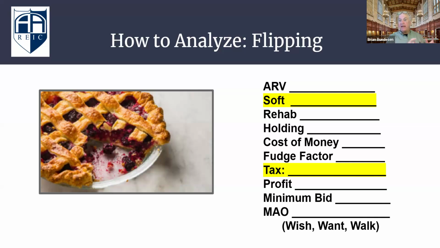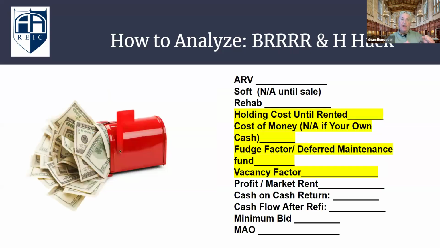The profit you make on a flip is usually considered ordinary income, but I'm not going to go past that without telling you to talk to your CPA. Then you've got your minimum bid and your maximum bid, and that's your negotiating room, which we'll talk about more in the negotiating class a couple of weeks from now. We'll dig down into that.